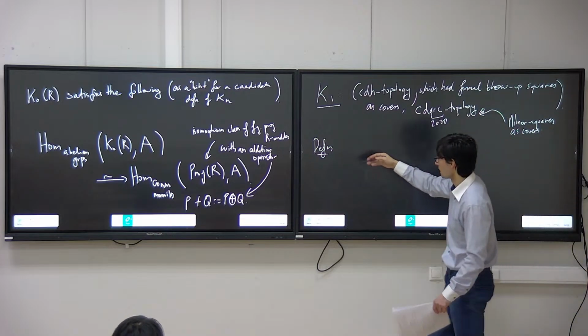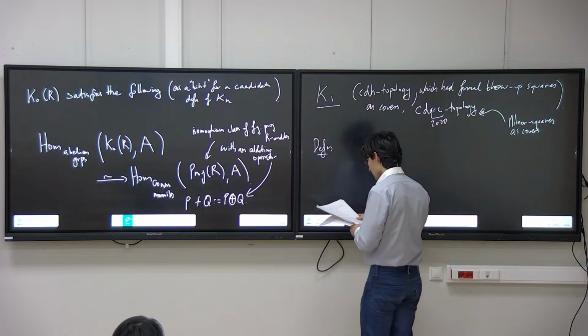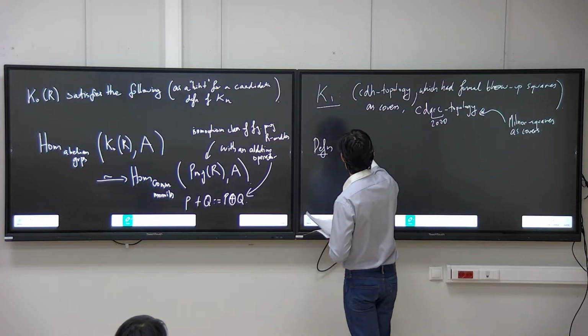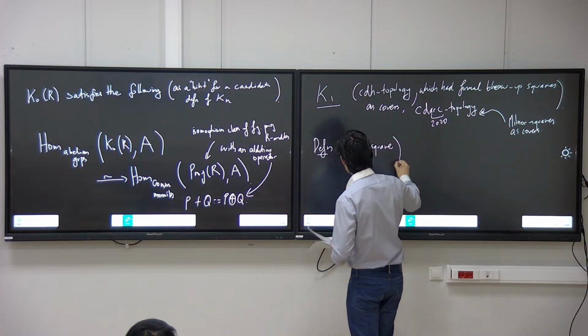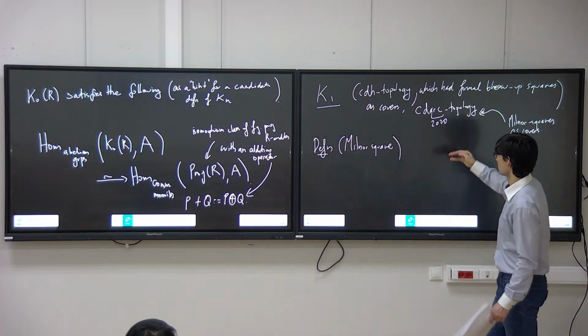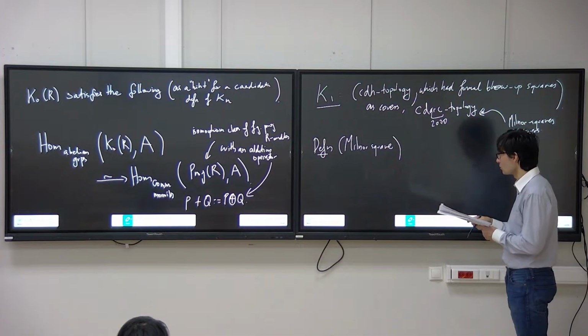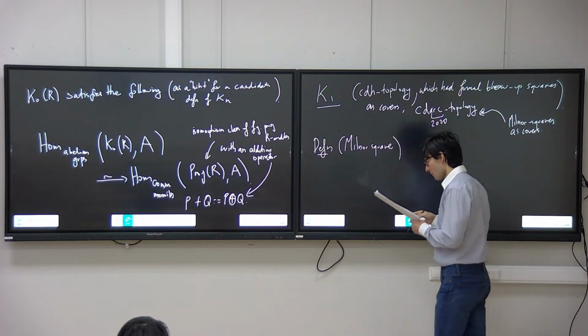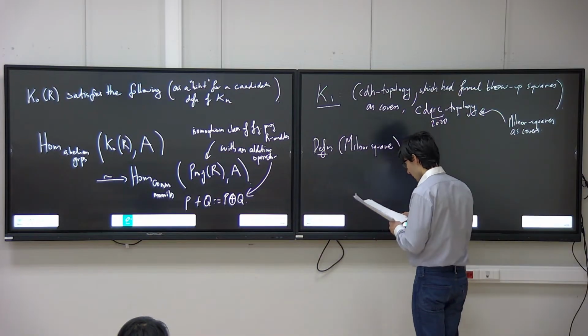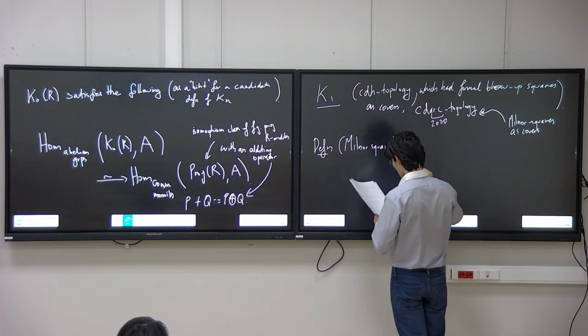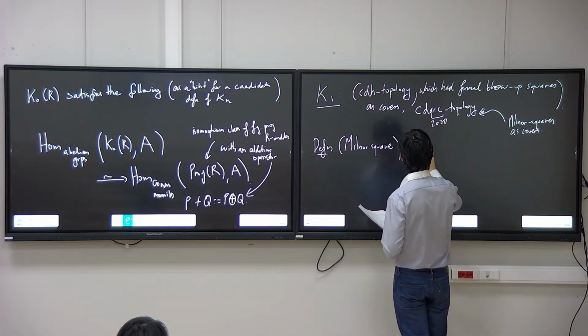So let's see the definition of a Milnor square. I just wanted you to keep in mind that in modern language, there is something called the arc topology, and that's where Milnor squares sit very naturally. A Milnor square is basically something that looks like this.